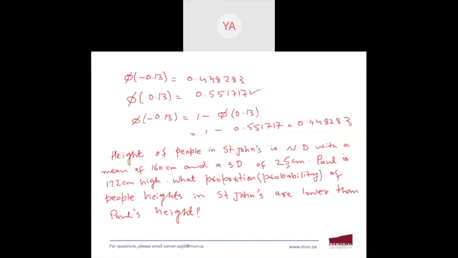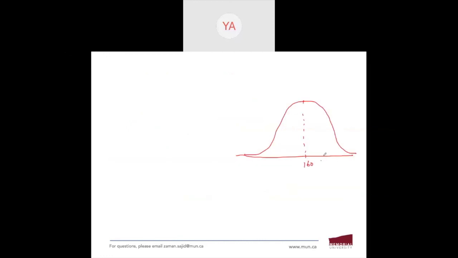And the standard deviation is 25 centimeter. Whereas Paul's height is 172 centimeter. So if this is 160, Paul's height will be somewhere here, 172 centimeter. So we are interested to find out this probability here.